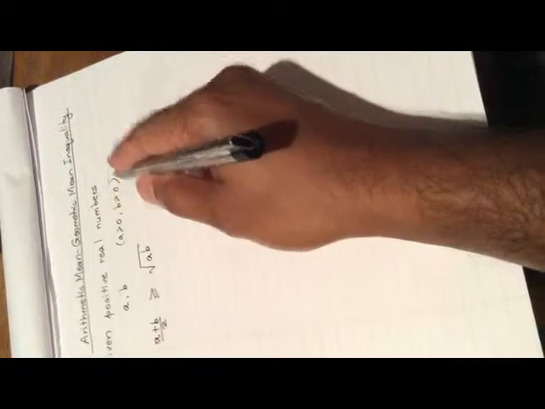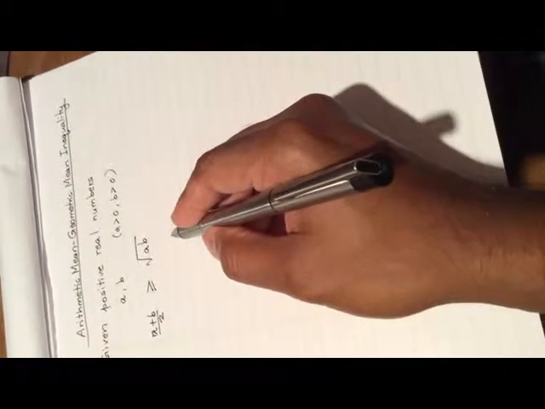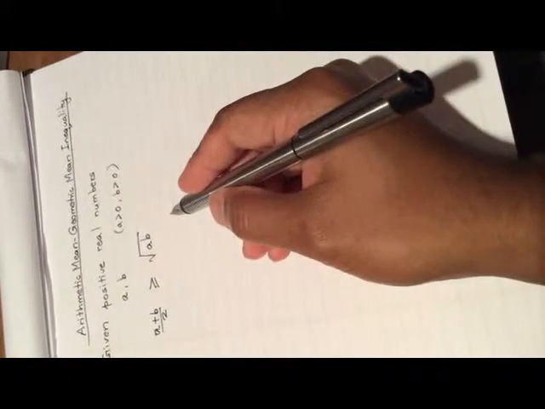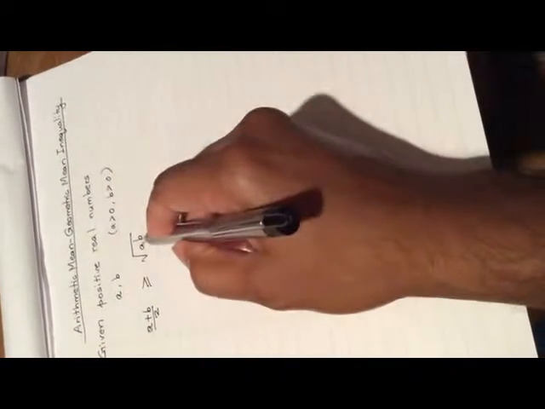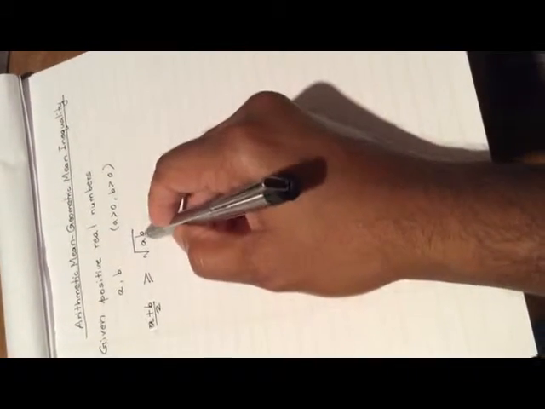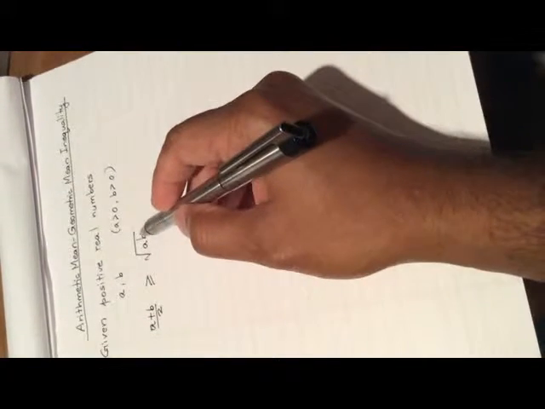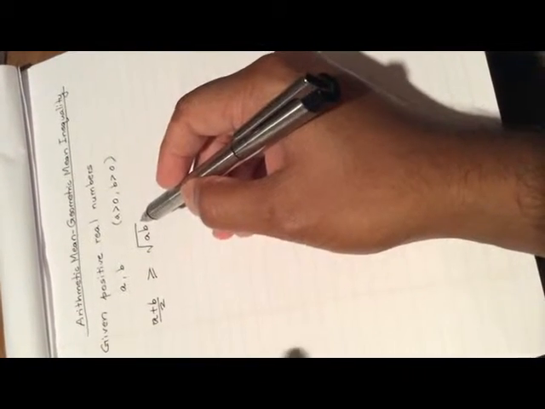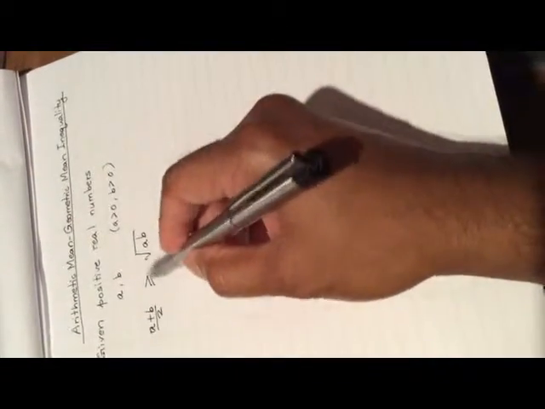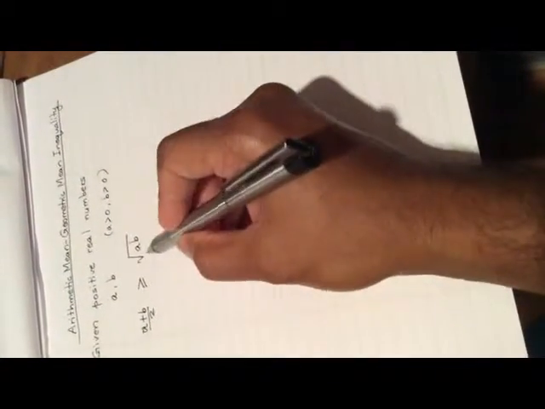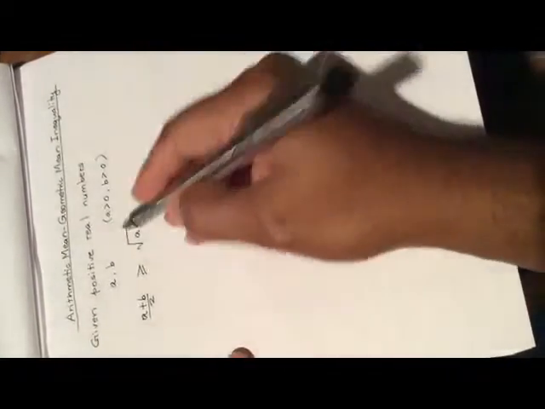Now I said they have to be positive real numbers. Well, why not negative? Well, if one of them is negative and the other one is positive, then inside the square root you get a negative number, and we don't really have a way to compare complex numbers. You can't really write inequalities like this. Now, what about if one of them is 0?